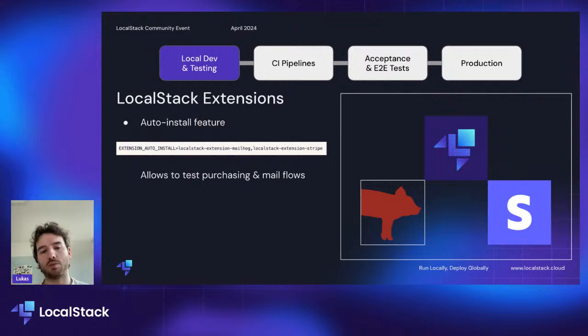That's where MailHog comes in, and it basically allows us to fetch any mails that were sent during the lifecycle of the application. Then we also have the Stripe extension, which allows us to really test end-to-end flows of customers purchasing a subscription. So we can see whether it was persisted correctly on Stripe's end.